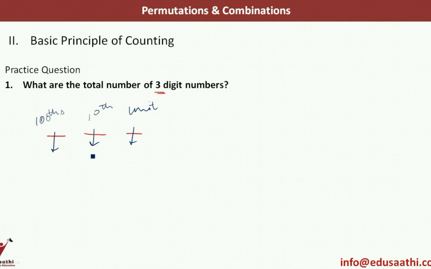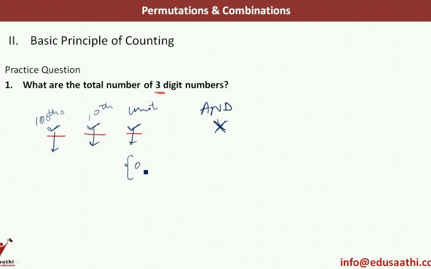To form a 3-digit number, I need a number here, and I need a number here, and I need a number here. So the first thing is that I will apply the rule of and I will have to multiply whatever the number of ways exist. So let's start with the units place. In how many ways can we fill up the units place?